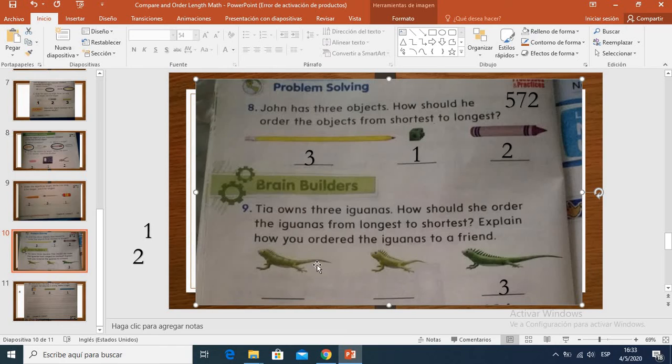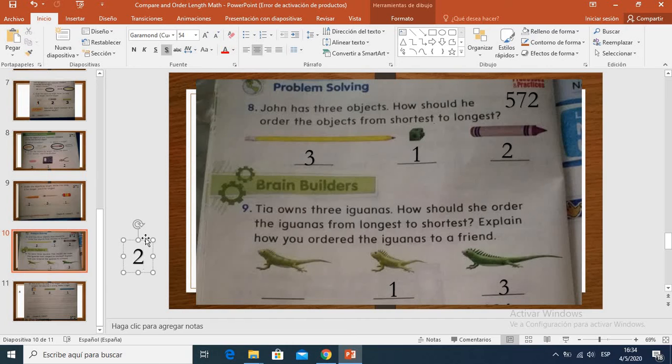Which one is the shortest? La más cortita. Number 1 or number 2? This one, right? So here we're going to write the number 1 because it's the shortest. And then we write the number 2 here because this one is longer than this one. But this one is the longest one.